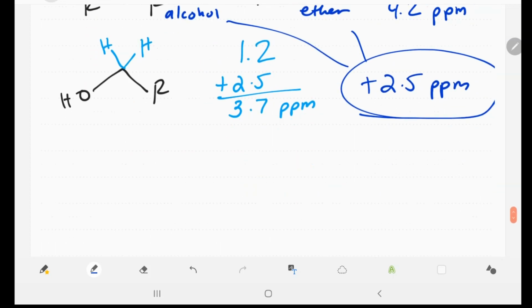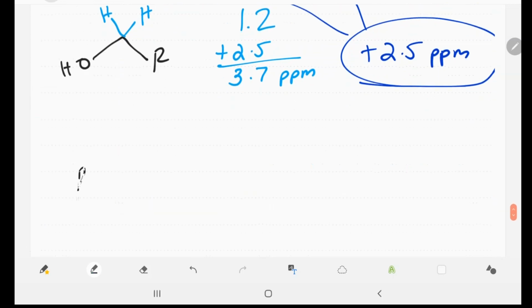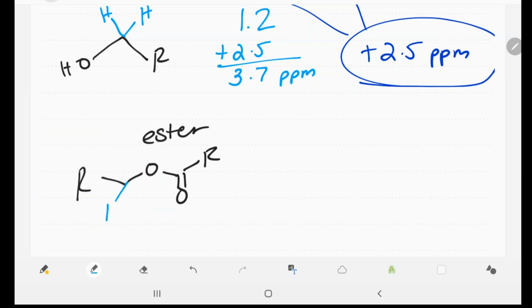If you have an oxygen that belongs to an ester, and in this case we're looking at these two that are next to an oxygen of an ester. That's why it's so important we learn these functional groups, by the way.